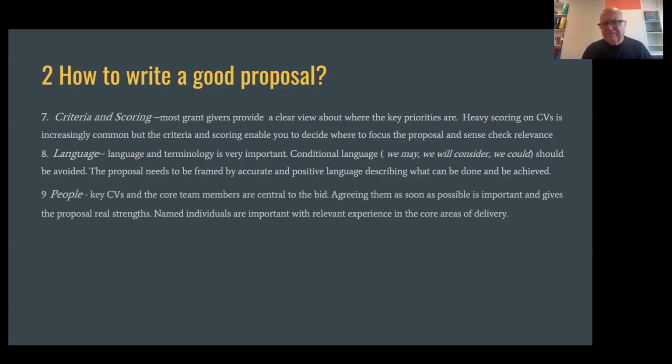Don't forget about delivery. Normally, when you're putting in a grant application, they want to know who the people are who are going to be doing the work. So having good CVs with the right skills, having a clear group of people who can deliver this is really important. You cannot put in an application that says, and we will identify the team later. That won't fly. You need to have a range of people who are there.